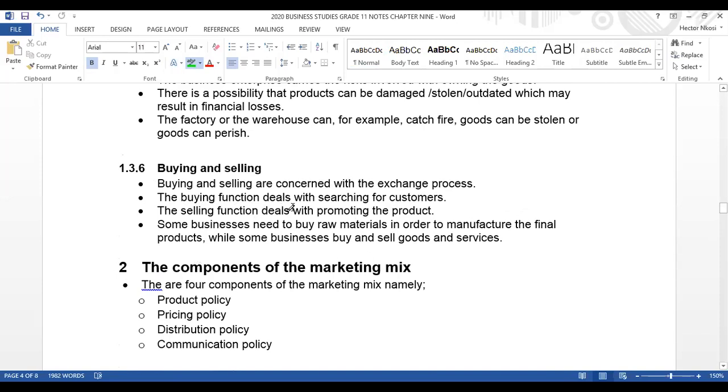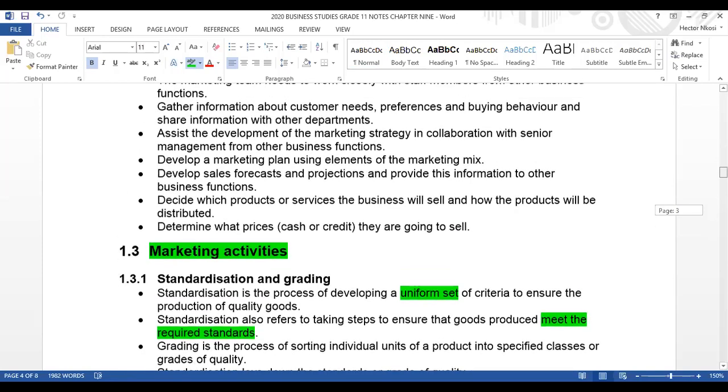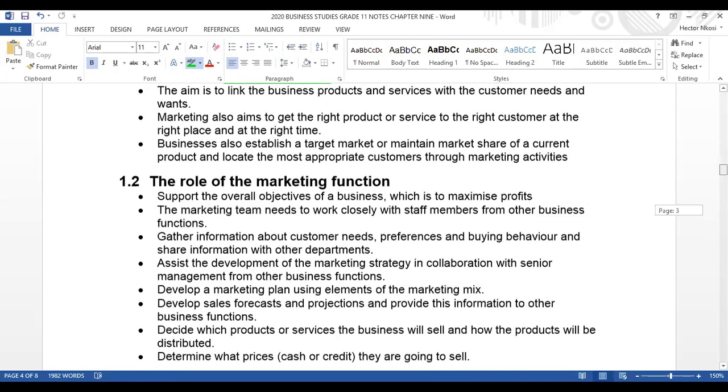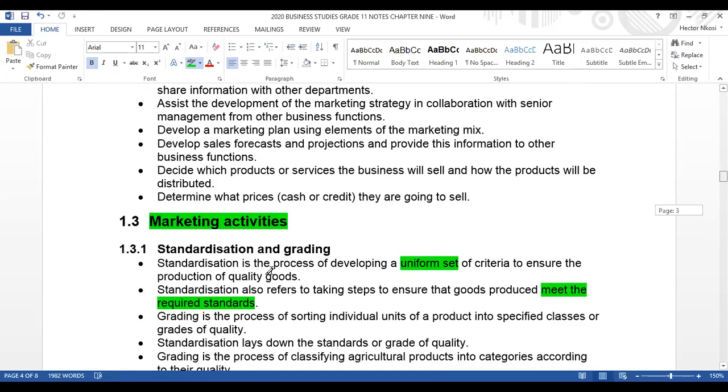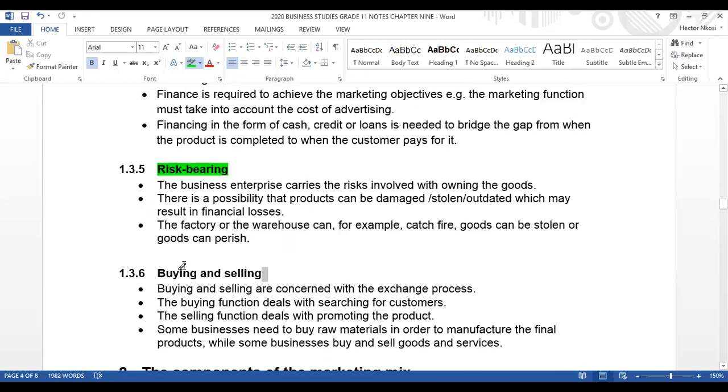Some businesses need to buy raw materials in order to manufacture the final product, while some businesses buy and sell goods and services, right? All right, those were your marketing activities. There are 6 of them, and you should all understand them, boys and girls, and make sure that you know them step by step.